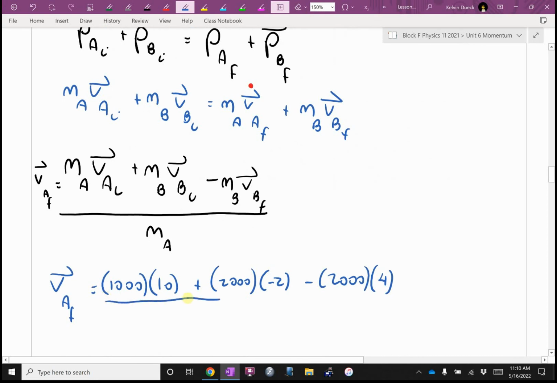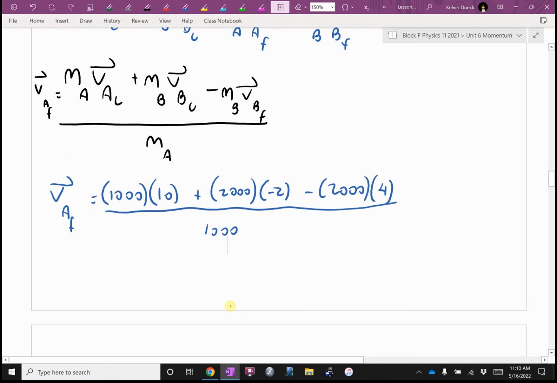And then I guess all over 1,000. What's the final velocity of car A after this collision? Well, it's going to be 10,000 minus 4,000 is 6,000 minus... I think I'm getting a negative answer. Try this on your calculator, of course.